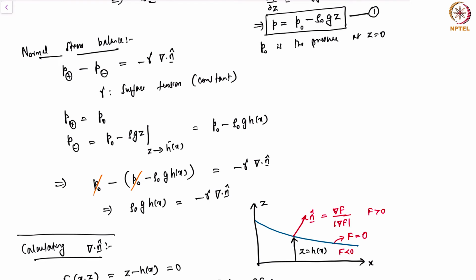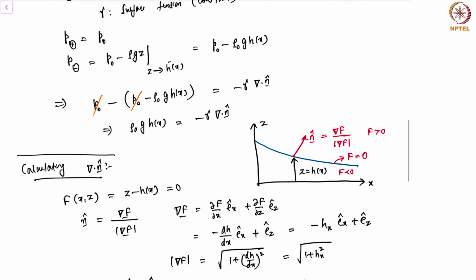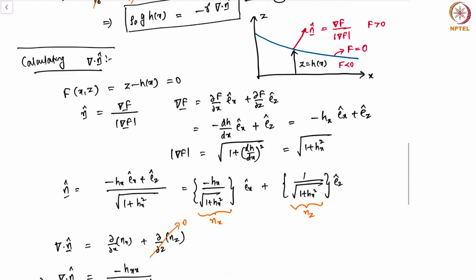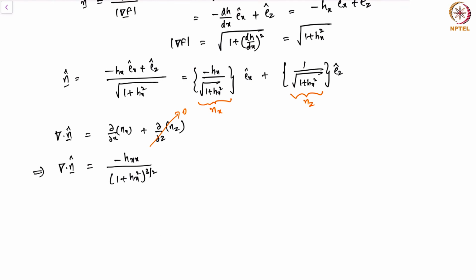Equation 1 tells us the relationship between the pressure at any point, the variation of pressure in the meniscus because of gravity. Equation 2, which I'm just marking now, tells me the relationship between the potential energy, rho g h of x, and capillarity or surface energy, minus gamma times del dot n. And finally, we've got an expression for curvature, that is equation 3.